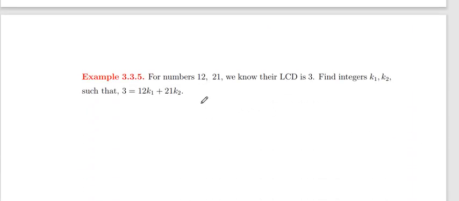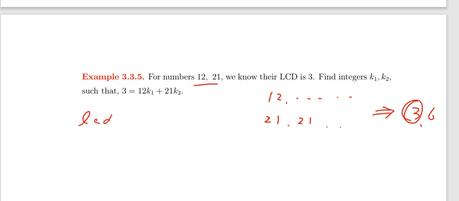Now let's consider the problem: from 12 and 21, suppose we have many 12s and many 21s. Which kind of number can we make? We can make 3, then 6, and so on. The smallest number is 3. So the GCD of 12 and 21 is 3.